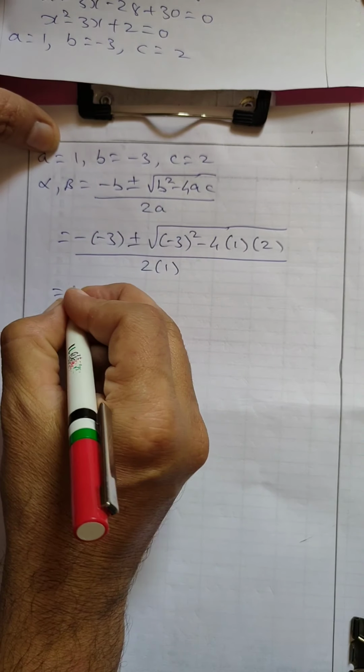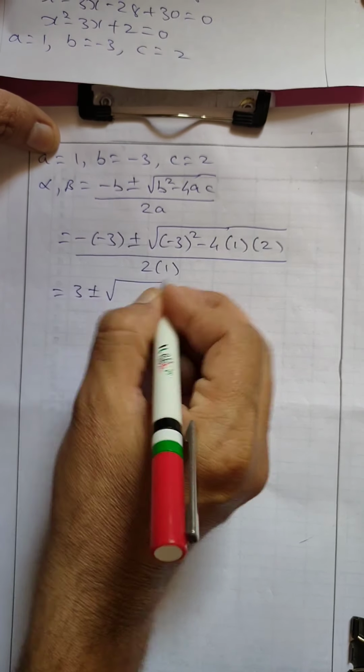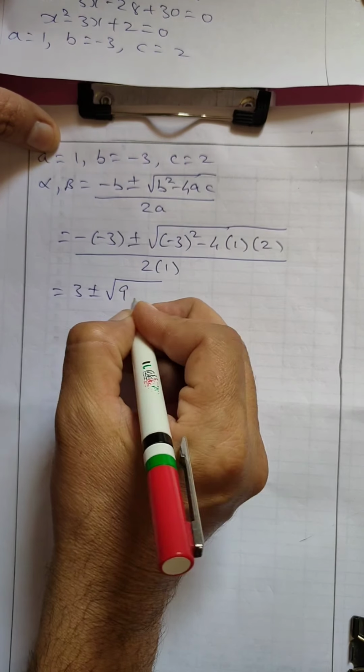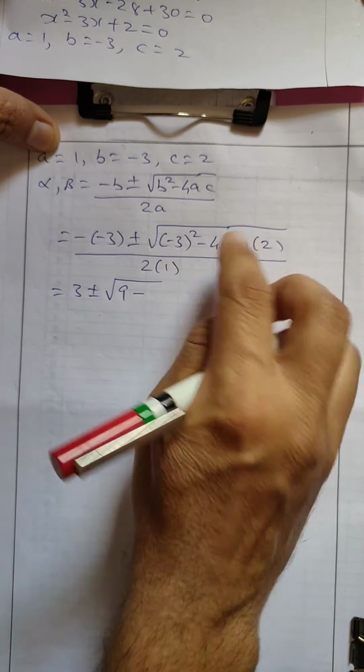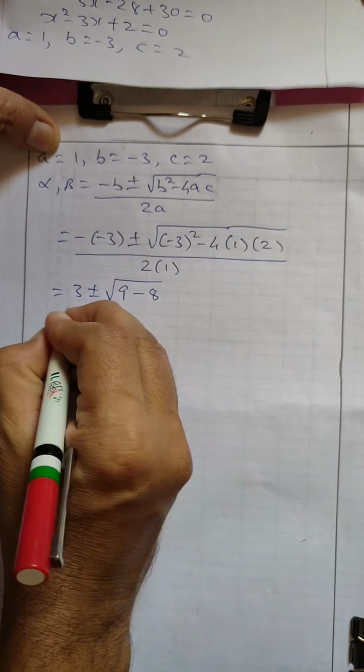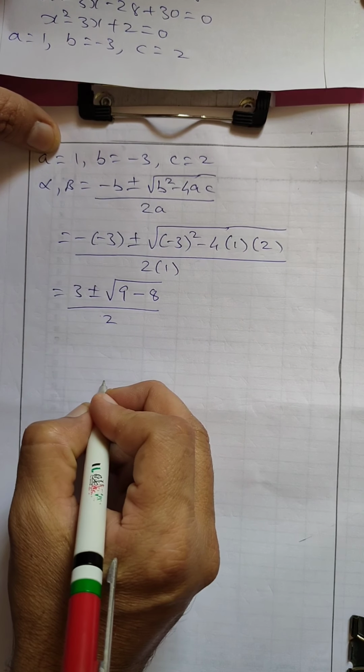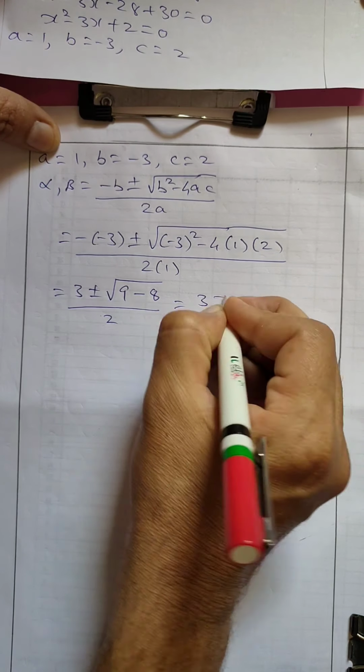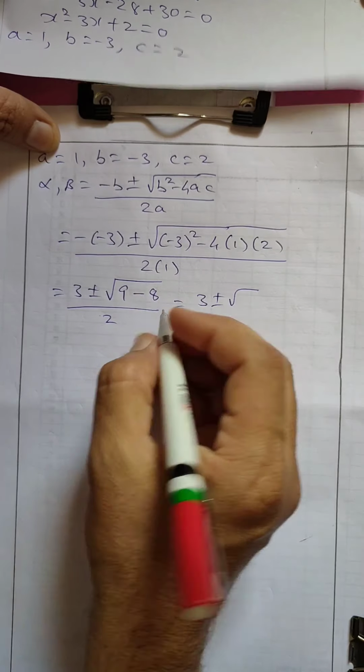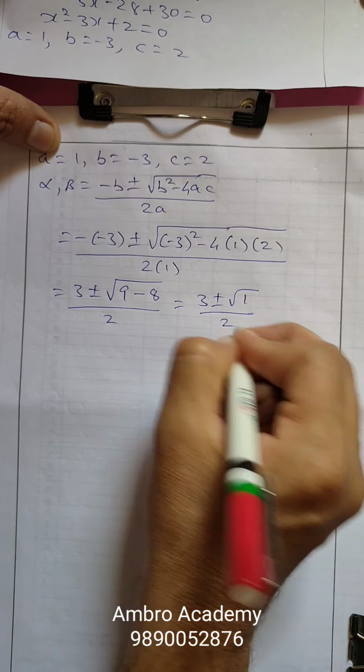Minus into minus 3 is plus 3, plus or minus under root minus 3 square is 9, minus 4 2s are 8, whole divided by 2. So what it will be? 3 plus or minus under root 9 minus 8 is 1, upon 2.